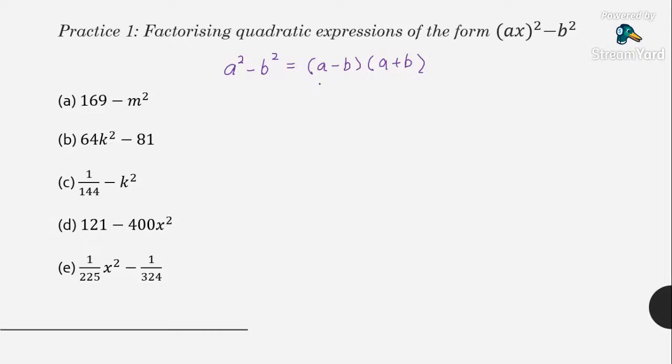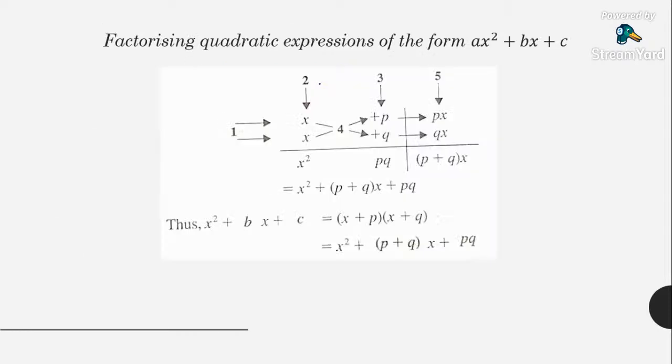So the next factorization that we are going to look at is ax squared plus bx plus c. This is what we call the cross method, or in the exam, they will just tell you factorization method. If the question requests you to do the factorization method, it means you have to show the working like this.